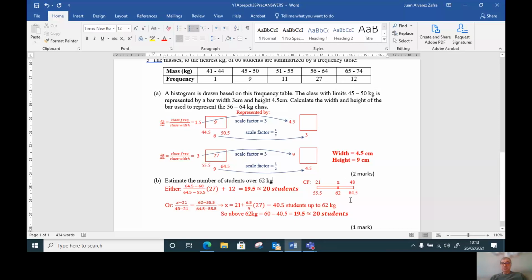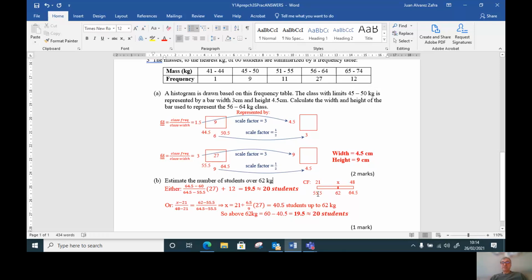You can use this bar or rectangle method that we looked at when we're doing linear interpolation, except that this time, instead of having an unknown value and a known cumulative frequency, we have a known value and an unknown cumulative frequency. But you can fill in the box in the same way. So the interval that we're interested in, if we want to look at over 62 kilograms, lies in the 56 to 64 kilogram box with a frequency of 27.